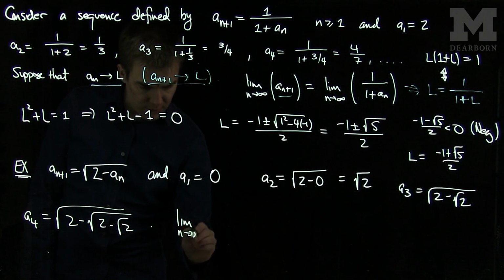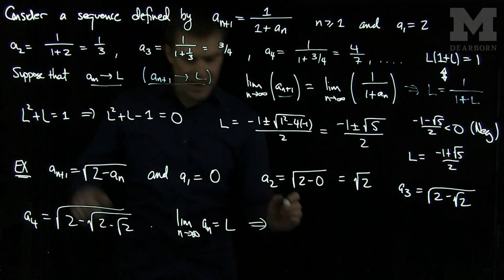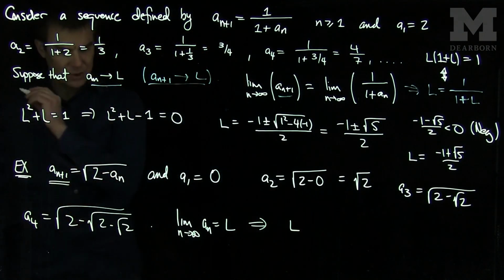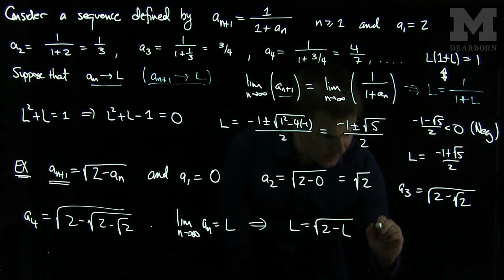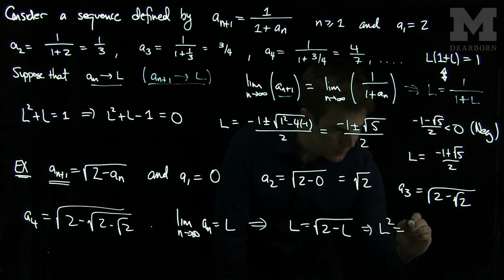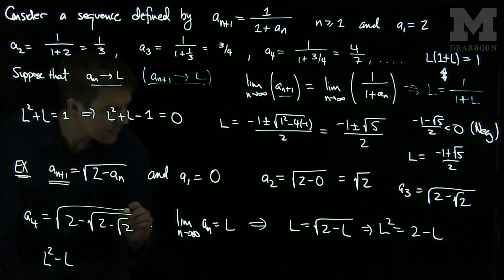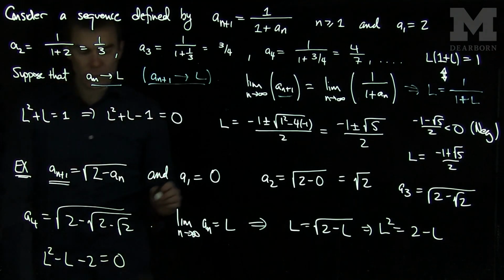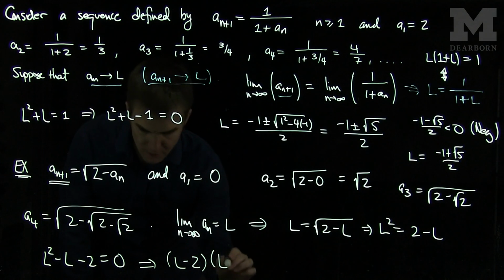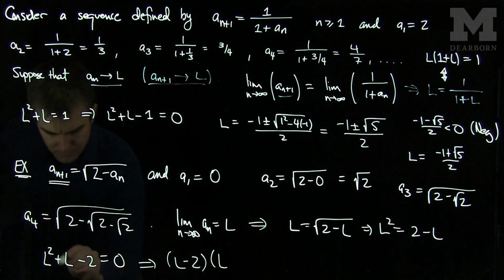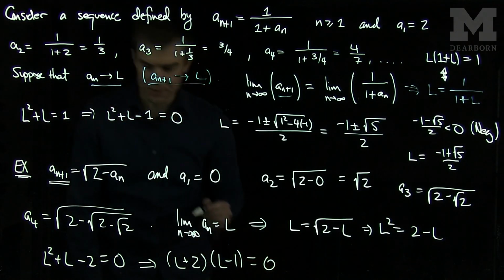If the limit as n goes to infinity of a_n is equal to L, then this relationship will tell us that L, because a_(n+1) will also converge to L, is equal to the square root of 2 minus L, which I can square and get L squared is equal to 2 minus L. So L squared plus L minus 2 is 0, which we can factor as (L plus 2) times (L minus 1) equals 0.